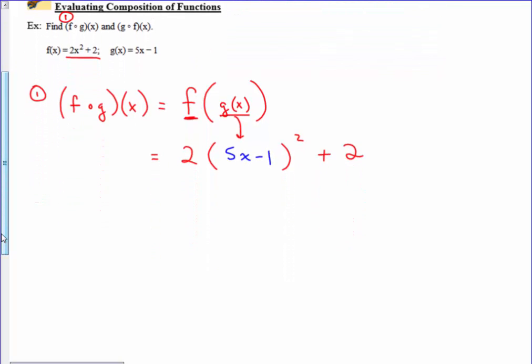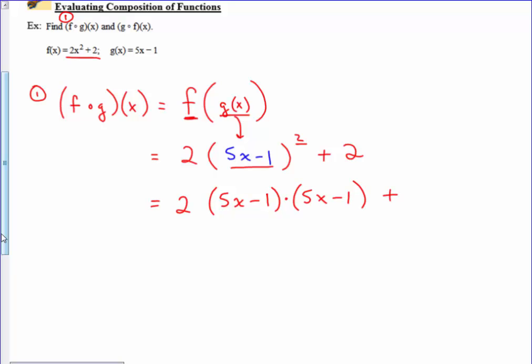Now on these, we would need to simplify out the function as much as possible by multiplying, combining like terms, doing operations such as those. This one, notice that we have a square on a binomial function. So what that means, leave the 2 where it is, and then write this function twice. So it's multiplied times itself.